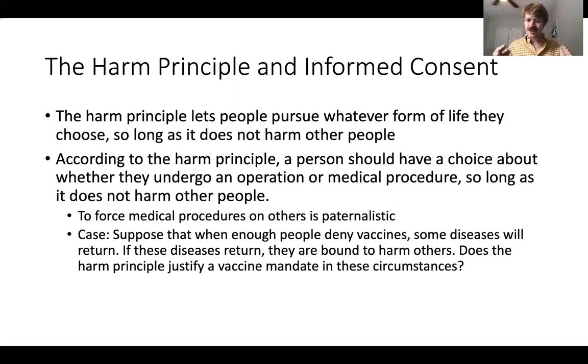Okay, so it seems clear that there's going to be a potential harm that ensues from my decision not to take the MMR vaccine. So here's the question: does the harm principle justify a vaccine mandate in these circumstances? My decision to not take the MMR vaccine maybe runs a risk, or is likely to cause a situation that potentially harms other people.